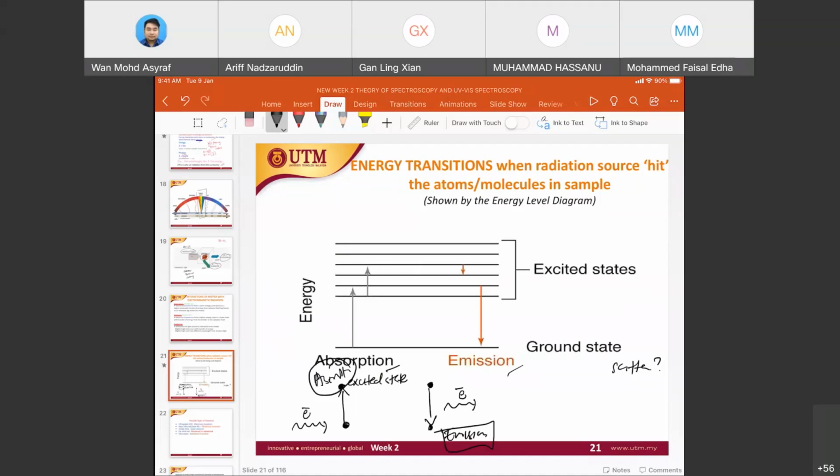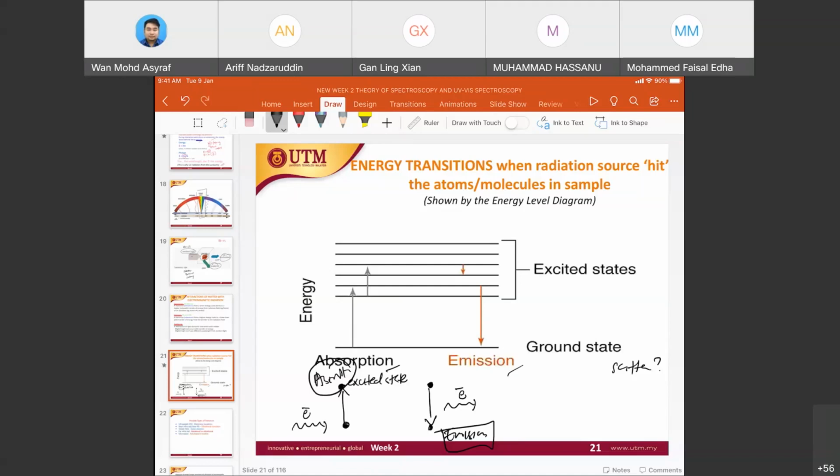Sebenarnya kalau absorption ni senang kalau kita nak distinguish between absorption dengan emission ni. Okay, macam mana kita nak distinguish? Kita nak tengok the original state of your sample. Kalau absorption, original state dia adalah ground state. Then it becomes an excited state.